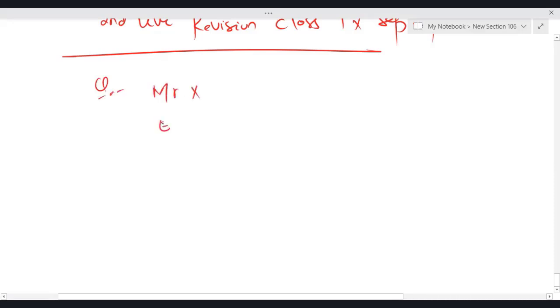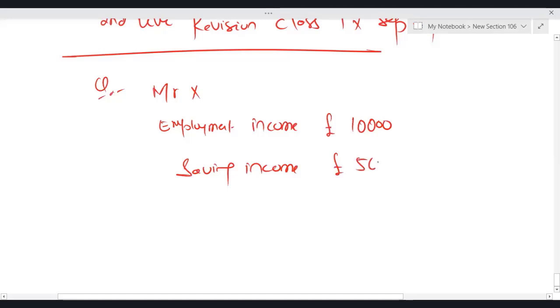Let's say Mr. X has employment income, assuming 10,000. Saving income is 50.